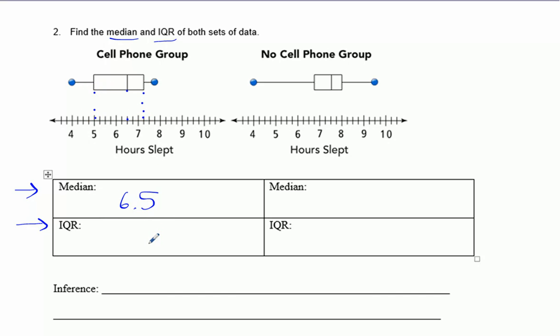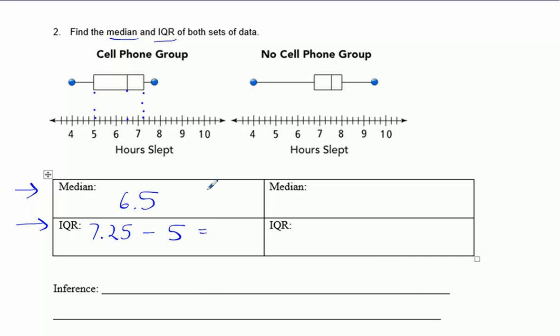I need the upper extreme and I need the lower extreme. All right, well, let's see here. These are going to have to be 0.25s, I think, yeah. So this one, this is tricky. If you want to be very technical about this, this number is actually going to be 7.25 because there are, if you look carefully, 4 spaces between each one. Now, if you guessed and you said 7, that would be okay also for the time being, but I'm going to be very particular and I'm going to use the exact number. The other number is 5, right on the money.